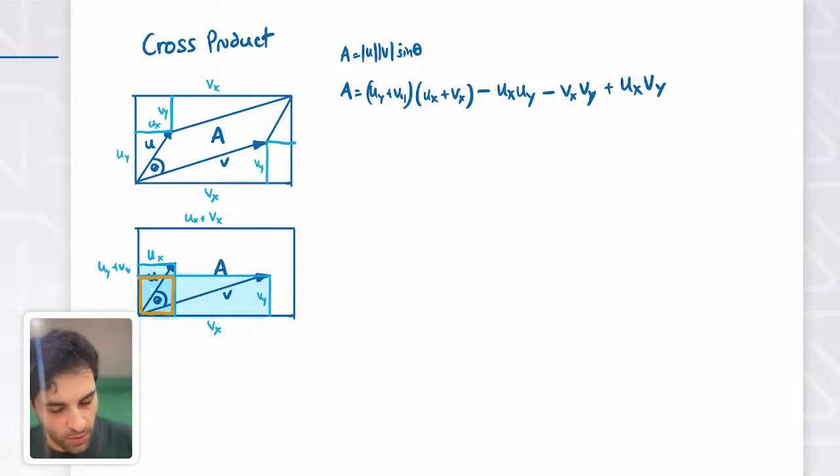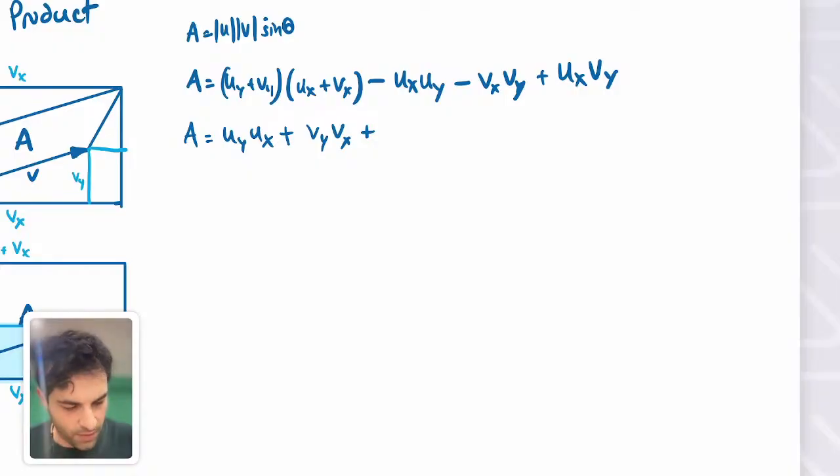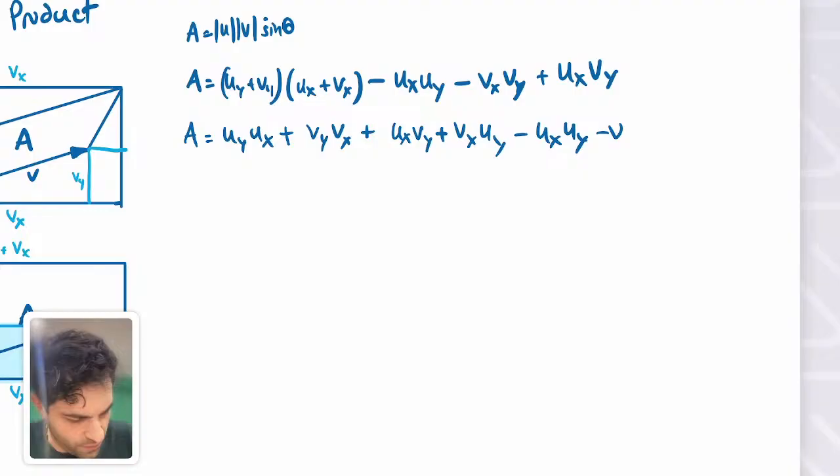So if I expand this all out, let's see what happens. So area equals UyUx plus VyVx plus, what else have we got? 2 UxVy plus VxUy, minus UxUy minus VxVy plus UxVy.